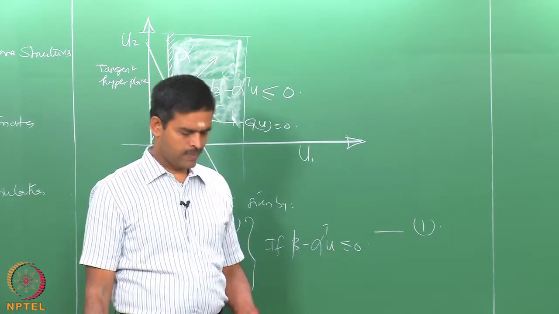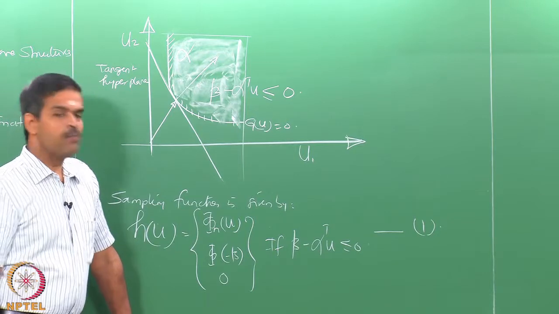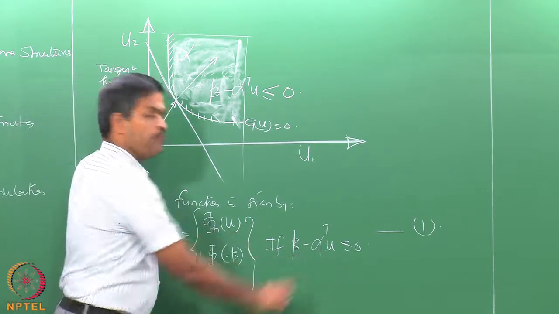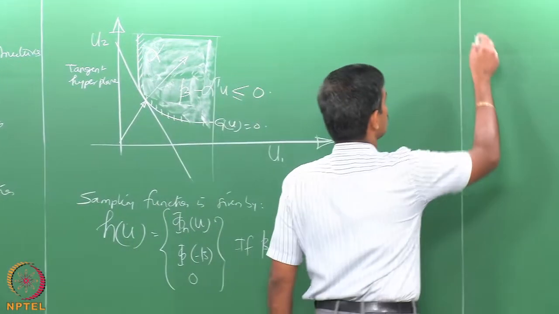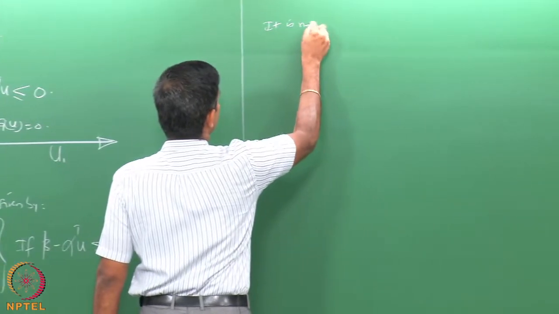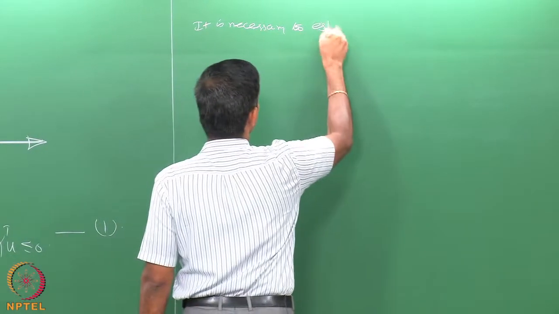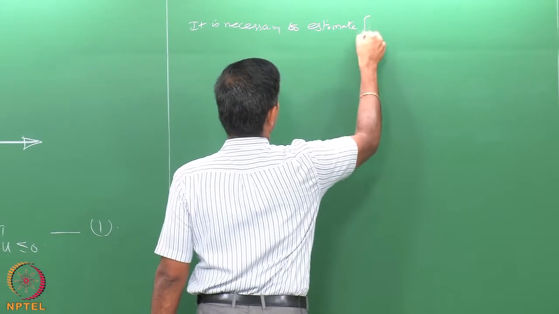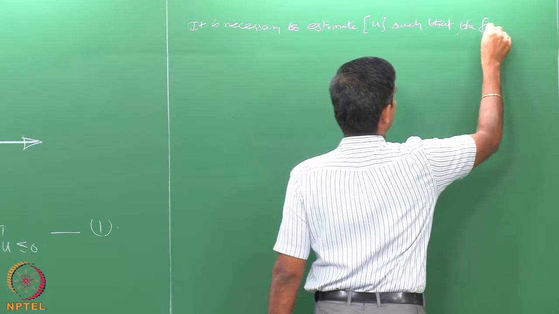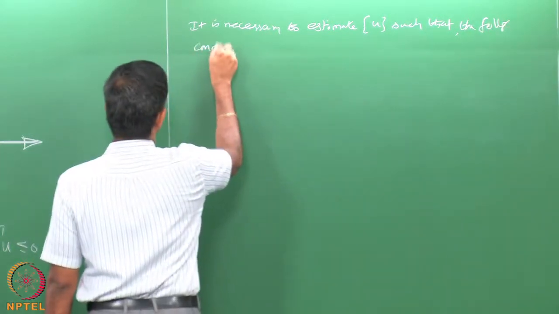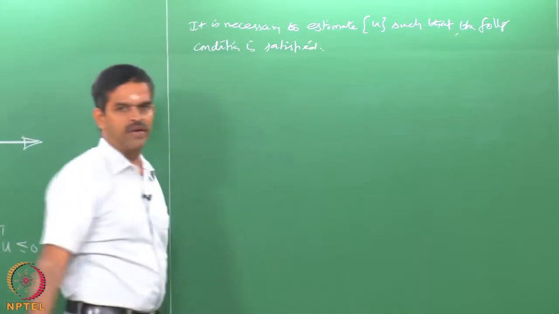In this approach, you will notice that it is very important to estimate u such that a specific condition is satisfied. So, it is necessary to estimate u such that the following condition is satisfied.